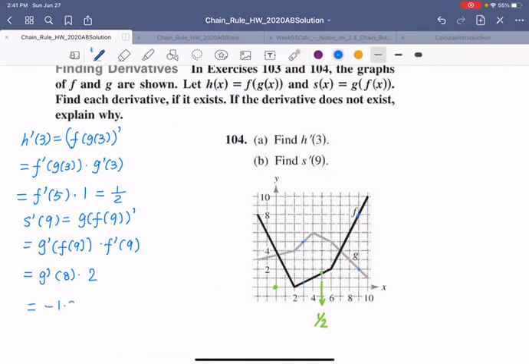So this is -1 times 2 is -2, right? All right, we finish.